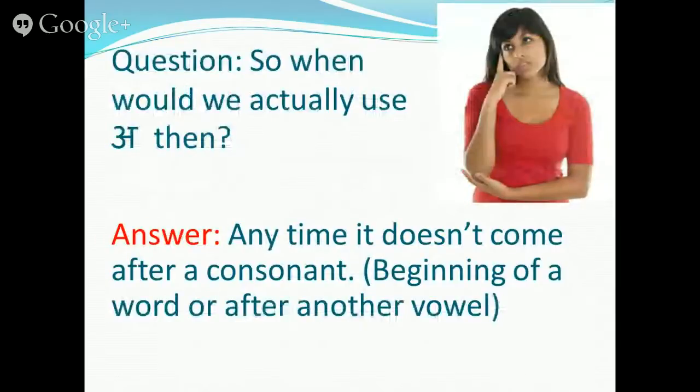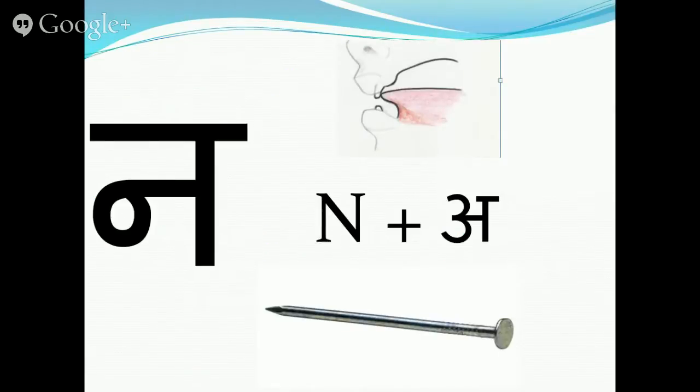At the beginning of a word, because there's no consonant in front of it. Or if it comes after another vowel or the shorthand form of another vowel. Because remember, it's consonant, vowel shorthand form. So any other time, we would have to use the full form, which is at the beginning of a word or after another vowel, which we've learned pretty much all of them. So we're going to come back to that eventually.